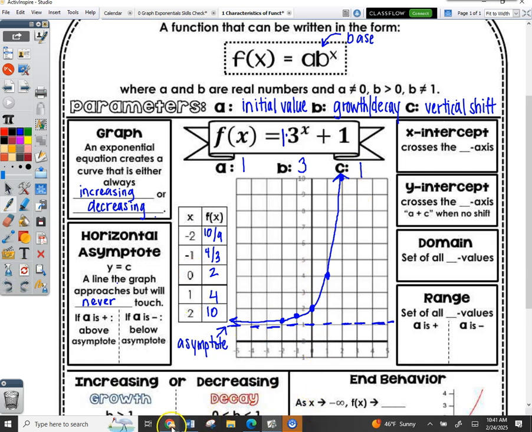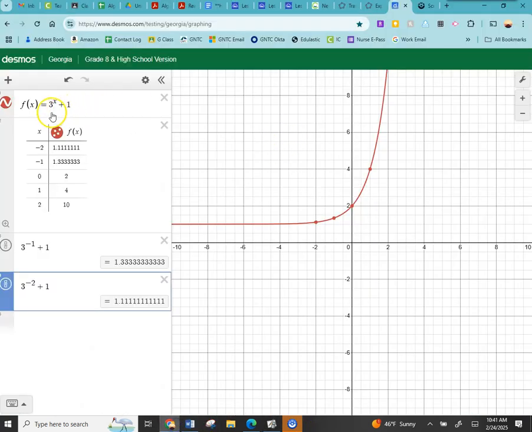Now, I want you to go to Desmos. I want you to type a negative right in front of that 3 and watch what happens. What did it do? It flips down. Now do you notice your curve is below an imaginary asymptote?